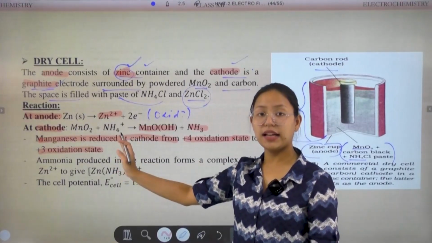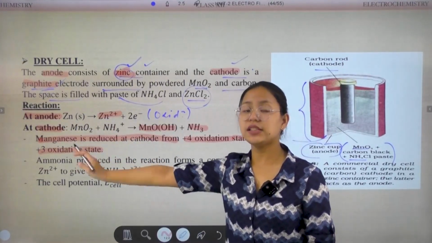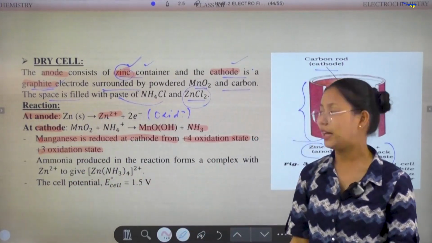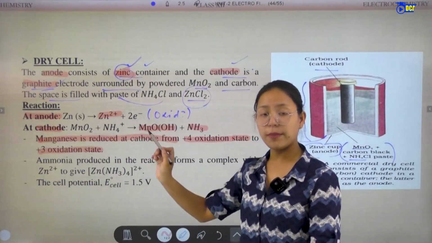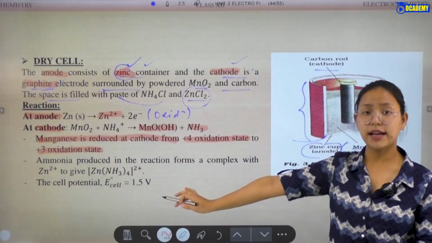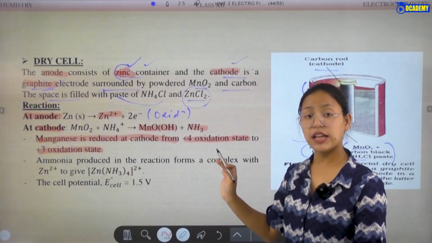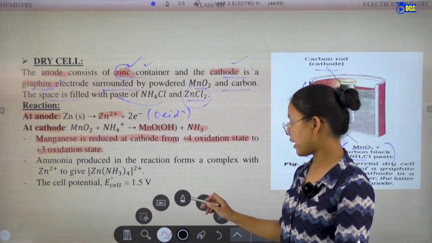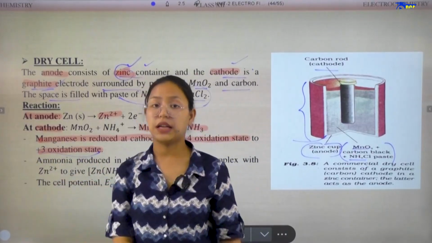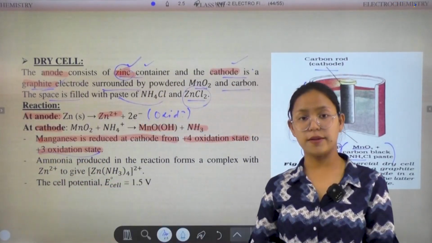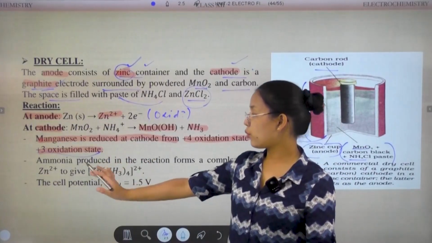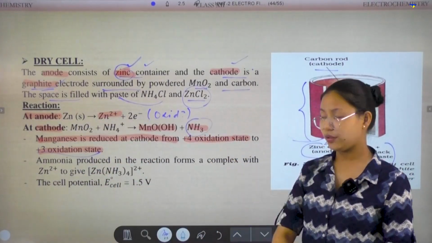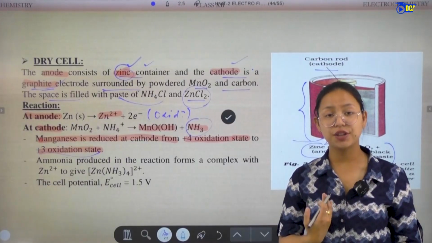From this ammonium ion one hydrogen is being taken by the manganese oxide and forms MnOOH. Manganese was plus 4 and has been reduced into the plus 3 oxidation state.